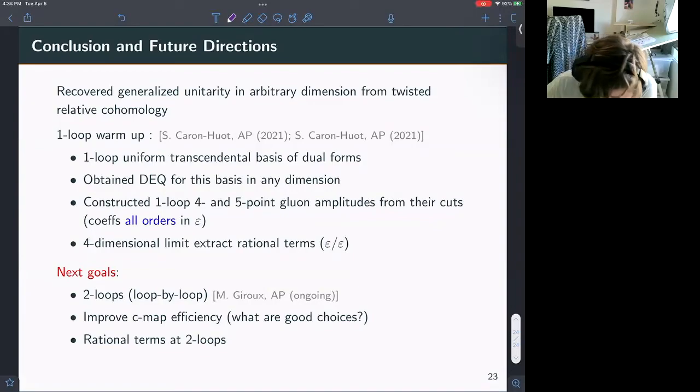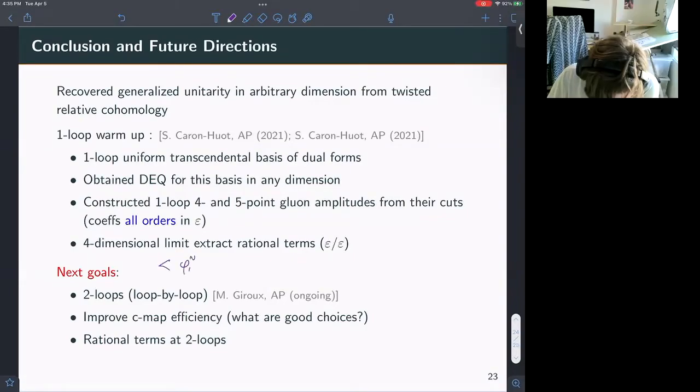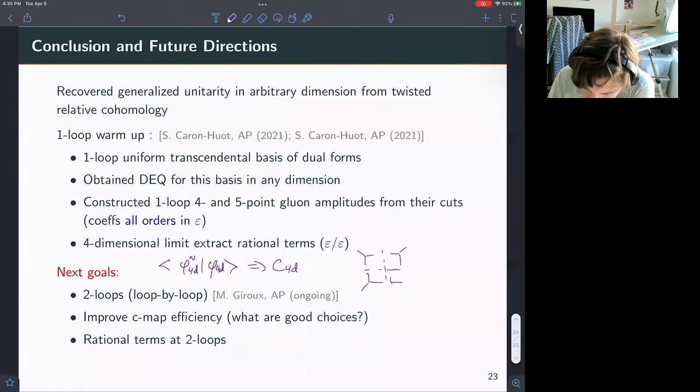I haven't thought about how to use this to prove unitarity. If I had some 4D dual form and 4D Feynman integral, this would give me the 4D coefficient, and this is exactly the same as the normal procedure for getting, say, the box coefficient.